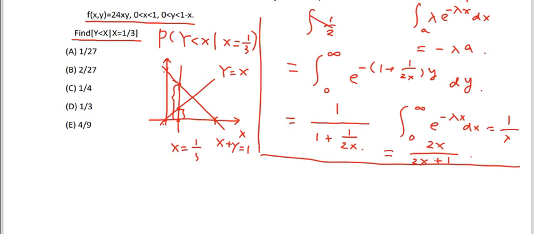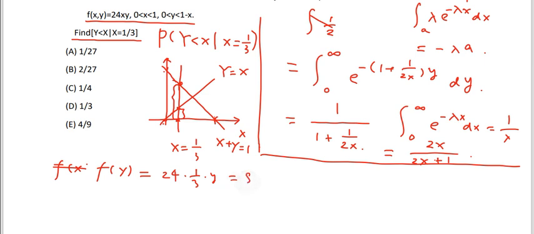So this part counts for how much of the total? We just focus on this line, x equals 1 over 3. So we can talk about the density function for y. x is constant, and y can change from here to here. The density function for y is just the original one with x replaced by 1 over 3.